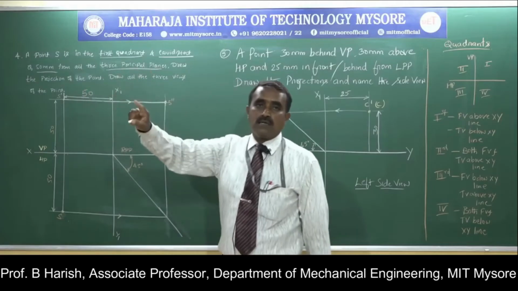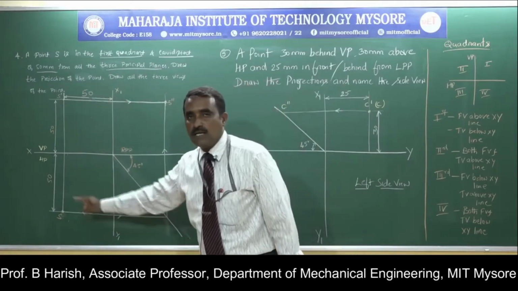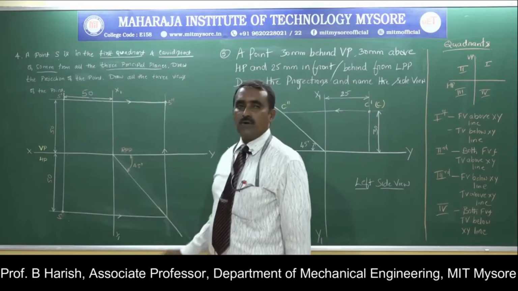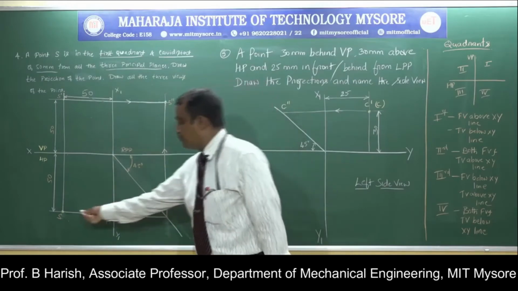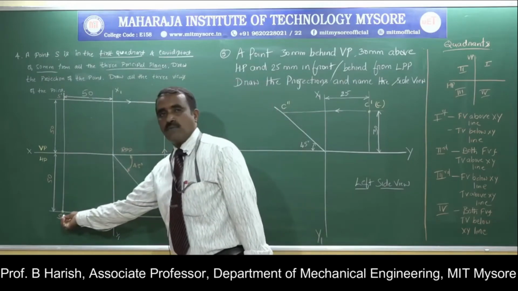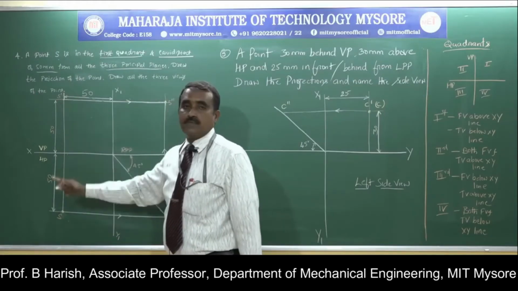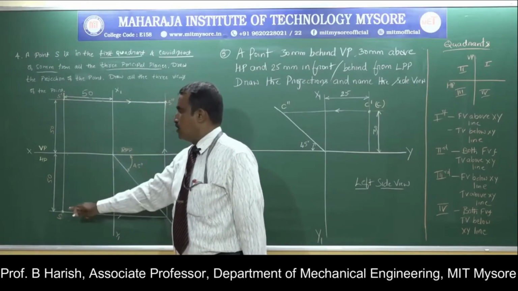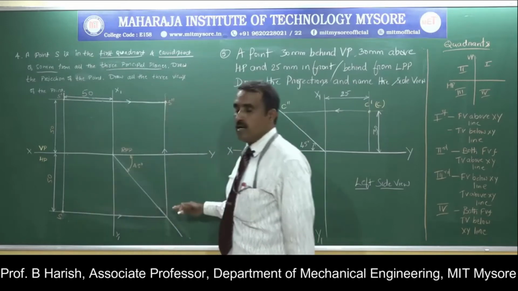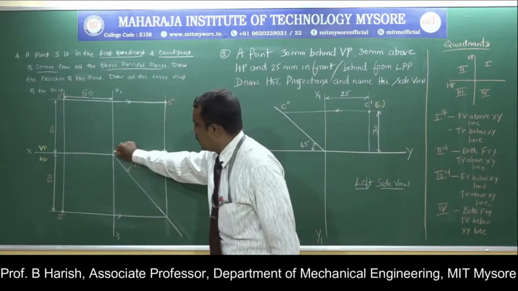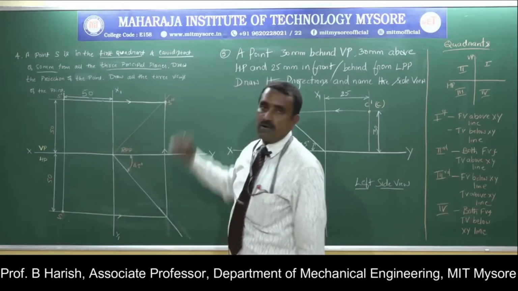Always top and front view will be in line. Similarly, front and profile view will be in line. If the point is in the third quadrant, this will be S dash and this will be S, that is front view and top view. The profile view will be here. I'll draw the 45-degree line here if it is in the third quadrant.